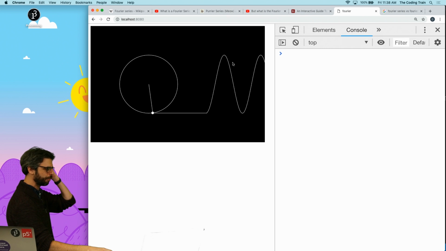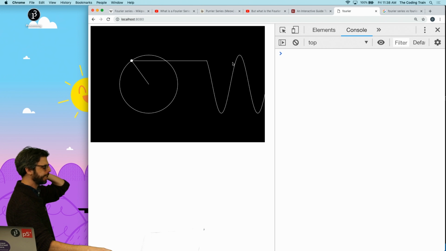Now, the one thing that's a little bit of an issue here is that I'm just adding points and adding points and never getting rid of any points. So at some point I should say something like if wave.length is greater than, I'm just going to make up some number right now. I could do a calculation of how many points I need till the end of the canvas, but just to move more quickly here, I'm going to say wave.pop.